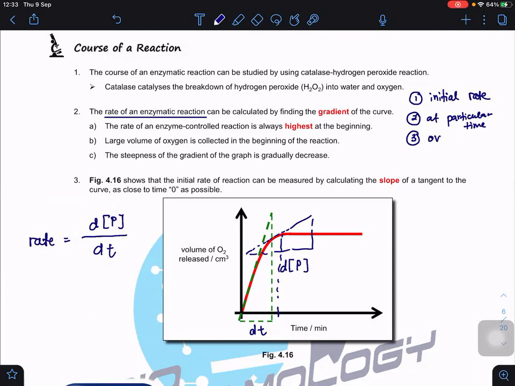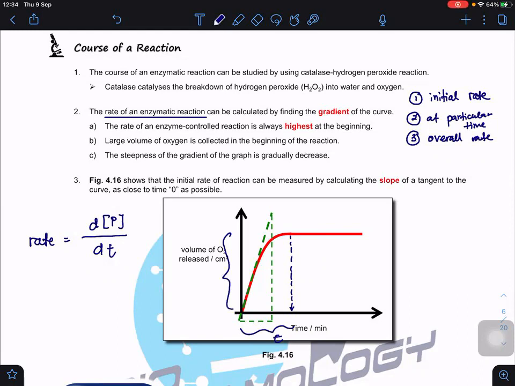the overall rate of reaction. Overall rate basically means that I need to know when the reaction stops. So in this case, I can measure, okay, the reaction actually stopped here. Can you see that? So then I get this is the overall time, this is the overall product.